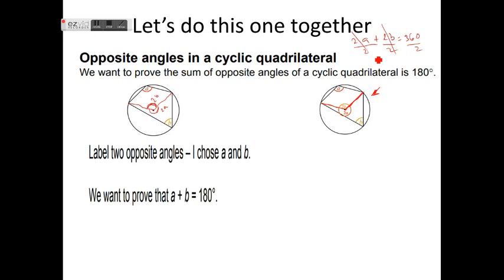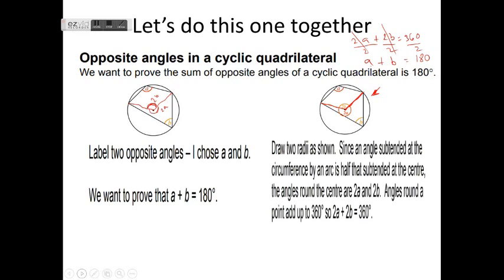Now if I simplify this, if I divide everything by 2, which we're allowed to do as long as I do the same thing to both sides, 2 divided by 2 is 1, that's an A. Copy my plus, 2 divided by 2 again is 1, so I bring my B down. 360 divided by 2 is 180, and there you have it. We proved that A plus B is equal to 180.